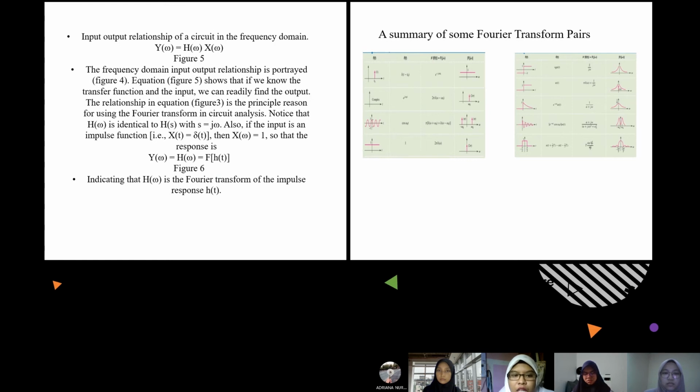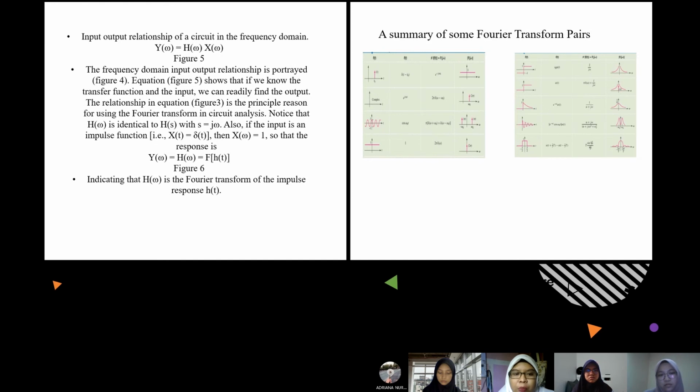The equation in figure 5 shows that if we know the transfer function and the input, we can readily find the output. The relationship in the equation in figure 3 is the principal reason for using the Fourier transform in circuit analysis. Notice that H(omega) is identical to H(s), where s equals j omega.